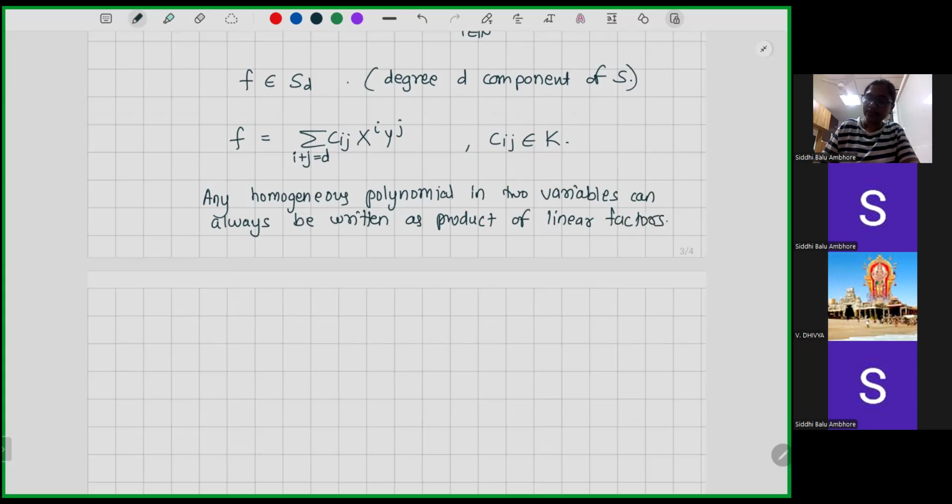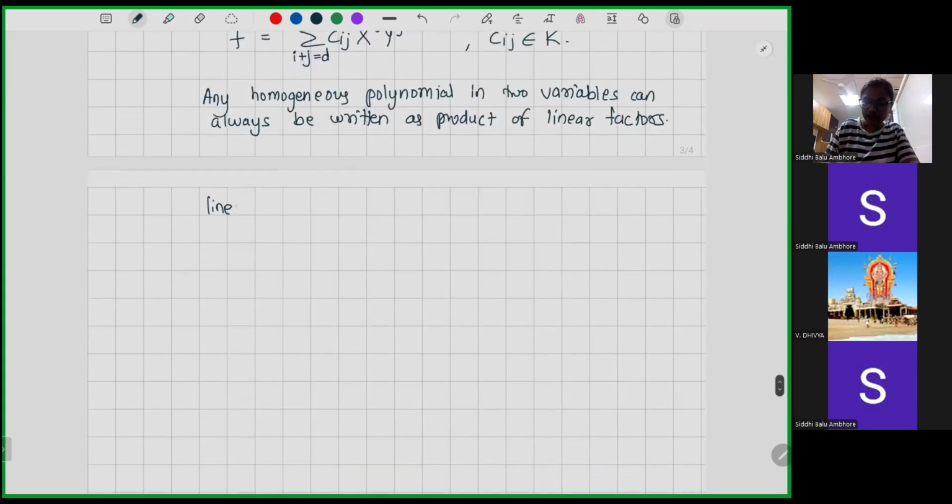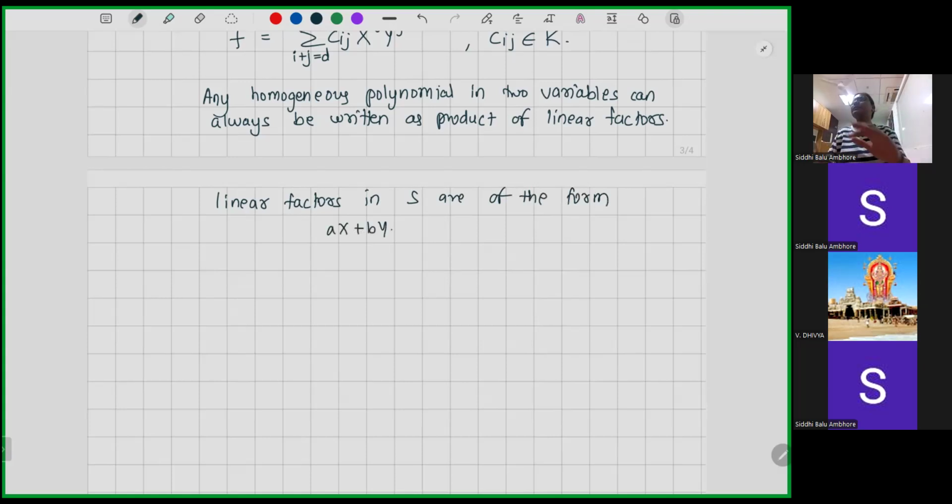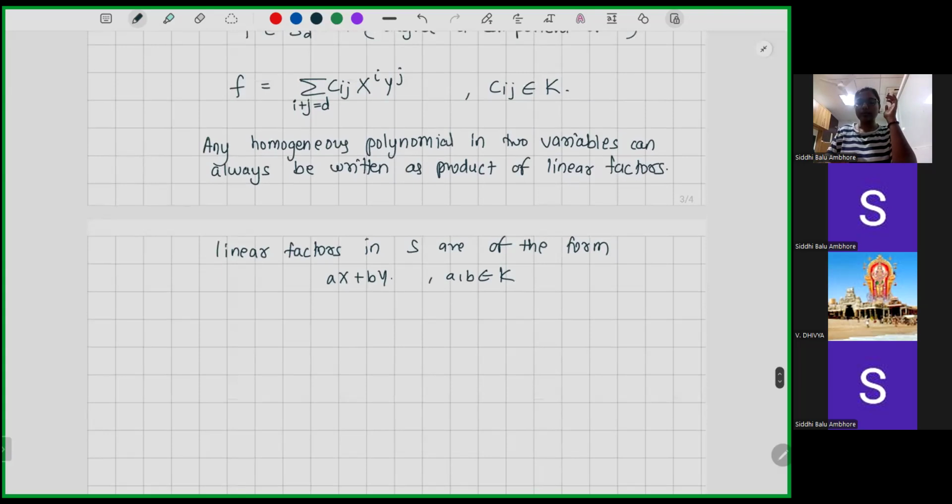When I say linear forms or linear factors in S, they are of the form ax plus by. But you know, right, that any F which is a homogeneous polynomial can be written as linear forms of this kind.